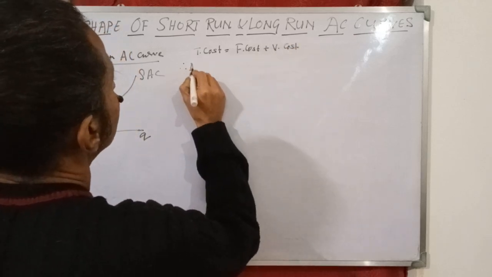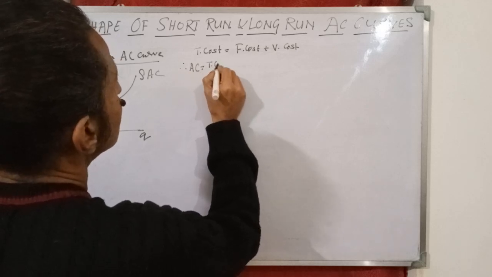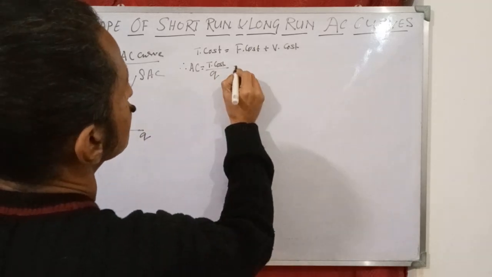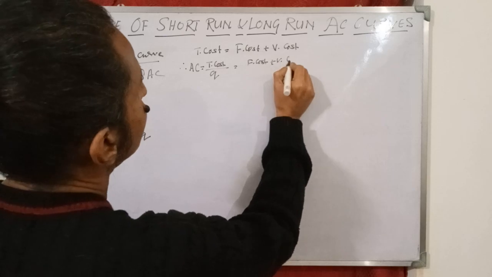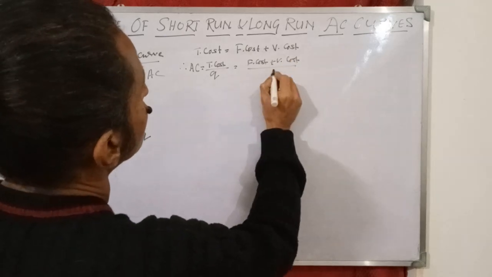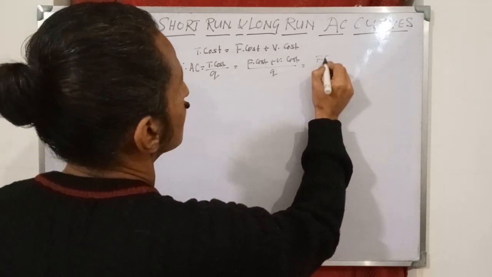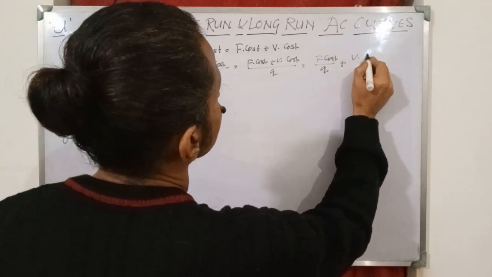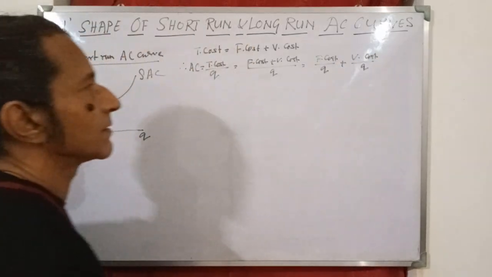Therefore, average cost equals total cost divided by Q. Q is output, so it is equal to fixed cost plus variable cost by Q. This is fixed cost by Q plus variable cost by Q.